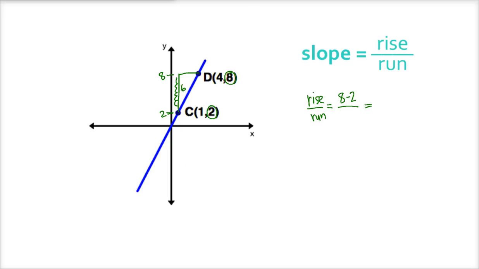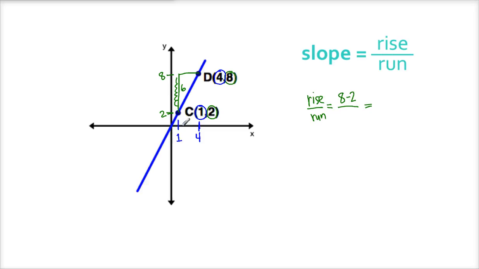Okay, let's do the same thing now for the run. Different color now. So the run is corresponding with movement in the x direction. So I'm going to be looking at the x coordinate in my points. So point C starts at 1, and point D is at 4.